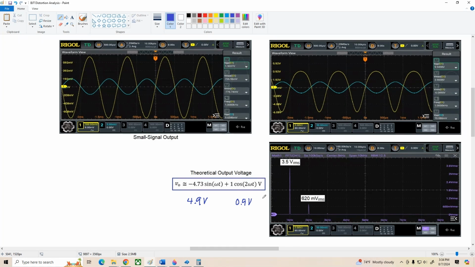Now, before we move on, I just want to say a couple things about our output spectrum display here. Notice on the horizontal frequency axis, we range from 0 hertz to 10 kilohertz, and the vertical axis ranges from 0 volts RMS to 4 volts RMS. Now, if we wanted to, we could express the output in terms of decibels, and that's shown down here.